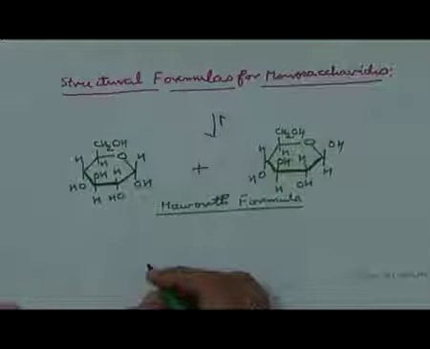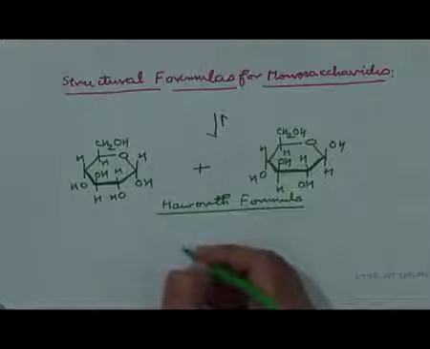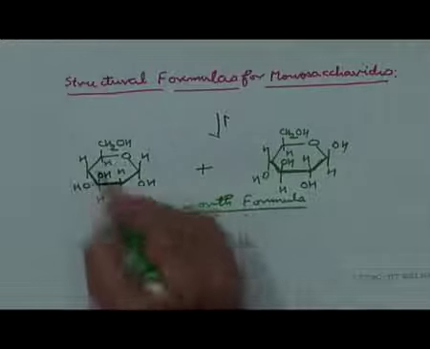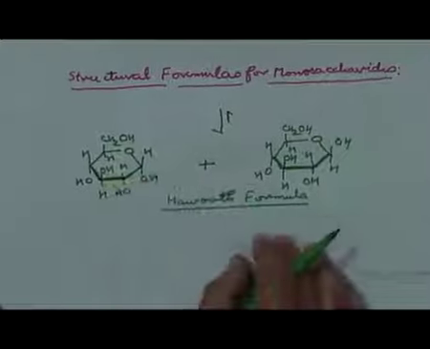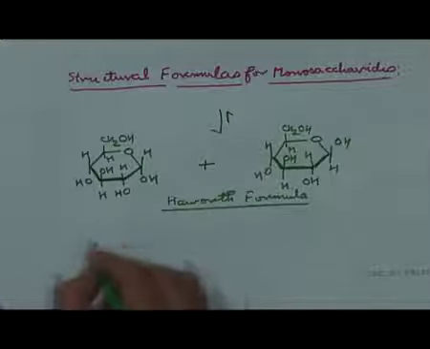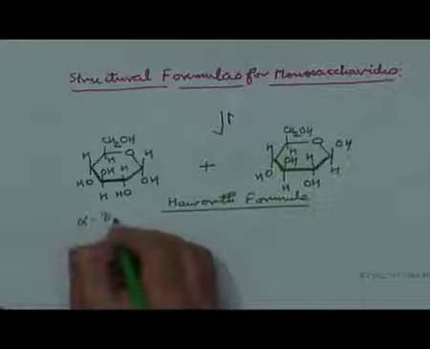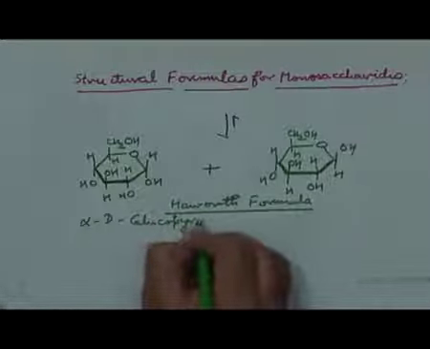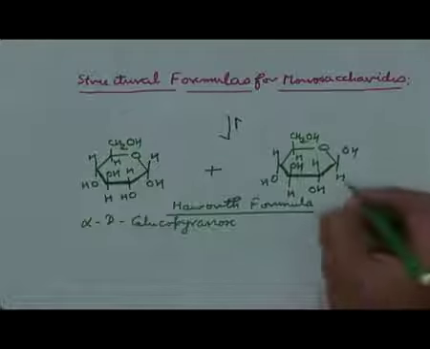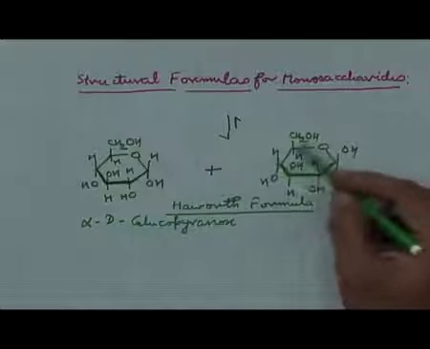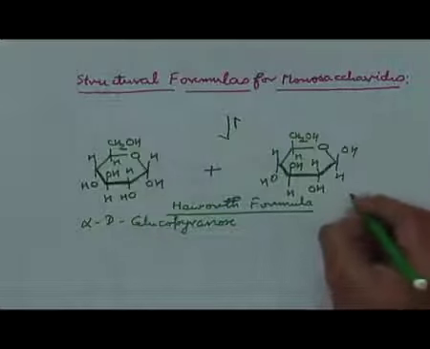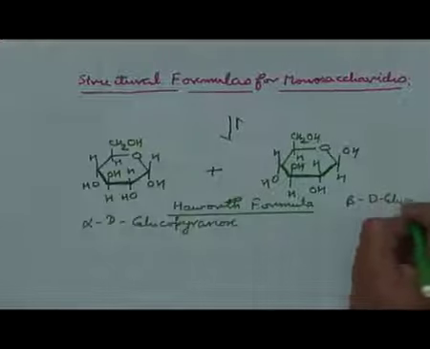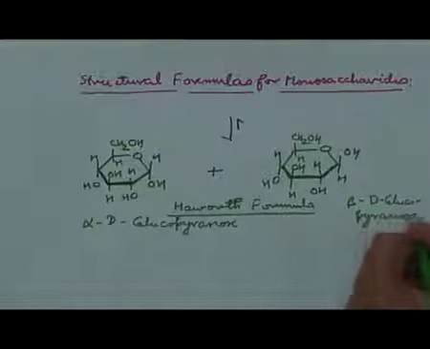And in these two cyclic forms, where hydroxyl is opposite to the orientation of CH2OH, that is known as alpha D glucopyranose, and where the hydroxyl is on the same side of the CH2OH, then it is called beta D glucopyranose.